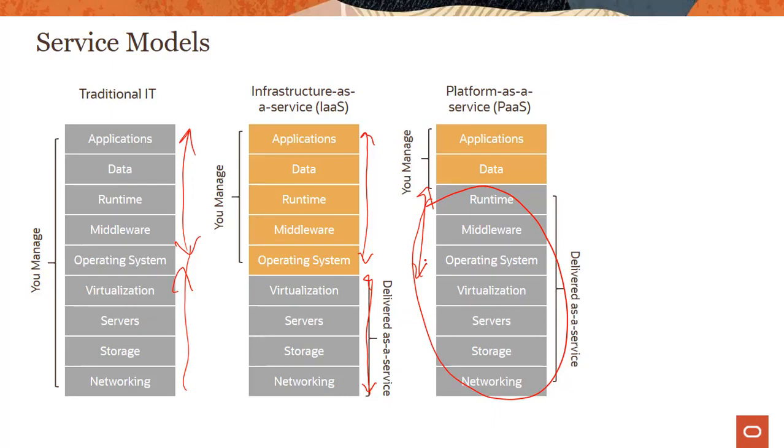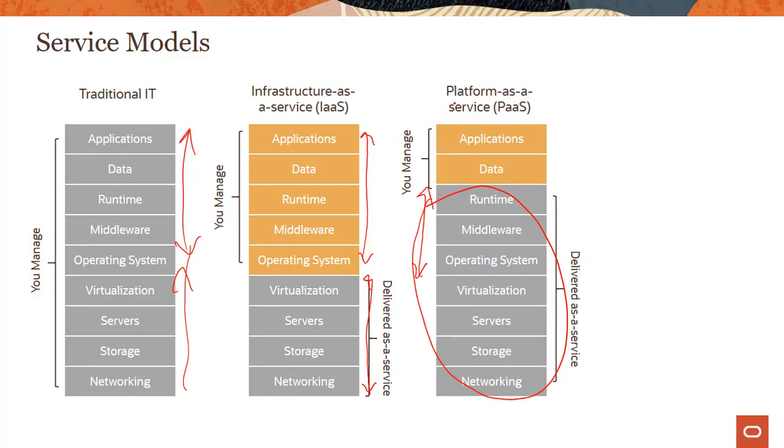A classic example here is serverless offerings. At Oracle we have an offering called Oracle Functions, and that gives you various runtimes, and you can run your code on those runtimes, and we take care of things like scalability, high availability, etc. One of the big differences between this and the infrastructure model is that it takes your pay as you go pricing to the next level.